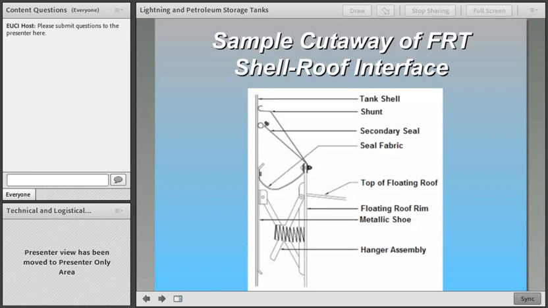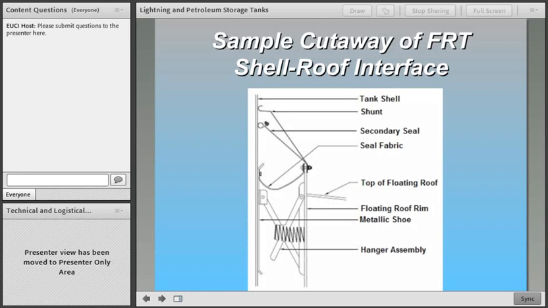I'm going to talk a lot more about shunts later on. The shunt is simply a piece of steel that has some spring to it and is bonded to the roof. As the roof moves up and down, the shunt will slide up and down against the inside of the tank shell and create an electrical bond between the roof and the shell.